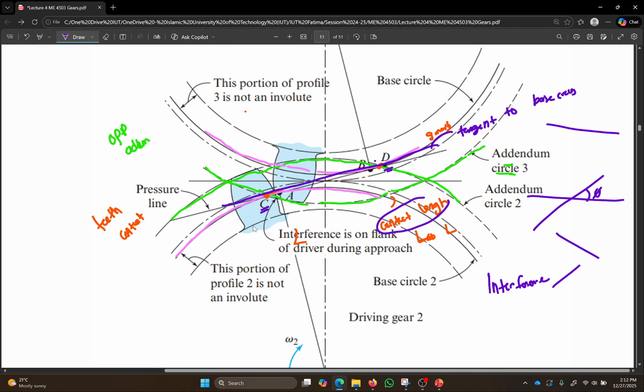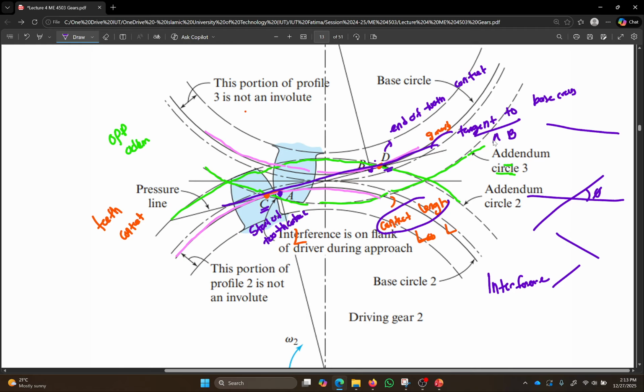C point is the start of tooth contact, and D point is the end of tooth contact. A is the point where the line of action meets the base circle. B is the point where the line of action meets the base circle of the mating gear. Between A and B, at point A, your line of action is a tangent to the base circle.